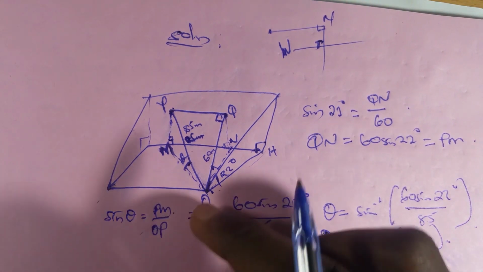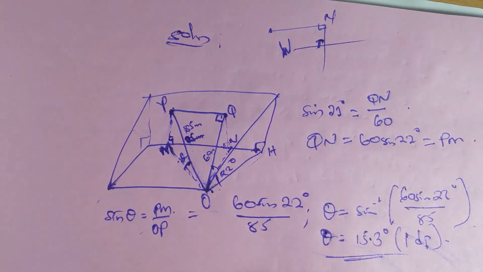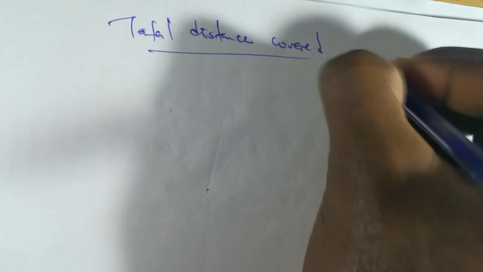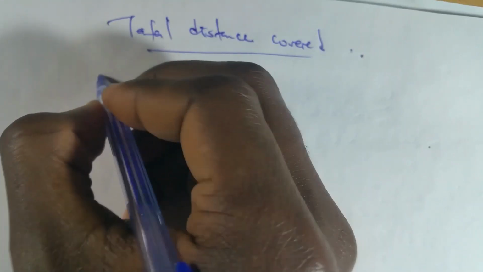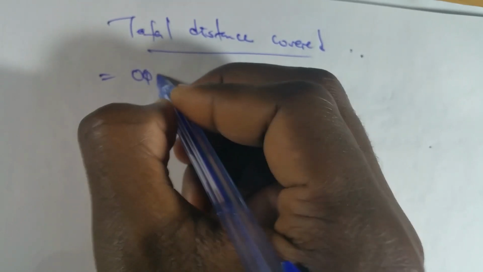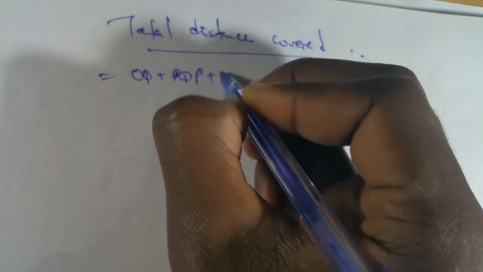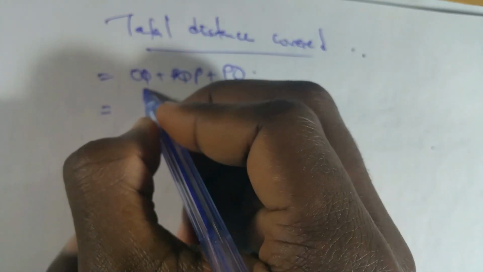The man has moved from this point up and back to that point. So we say the total distance covered is going to be OQ plus QP plus PO, in that order.